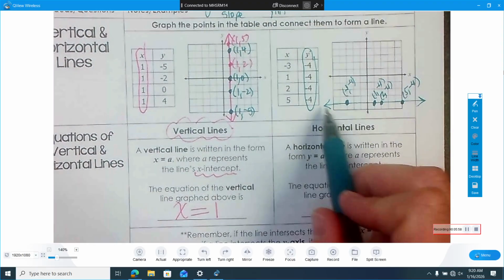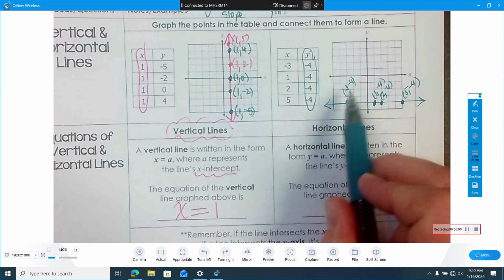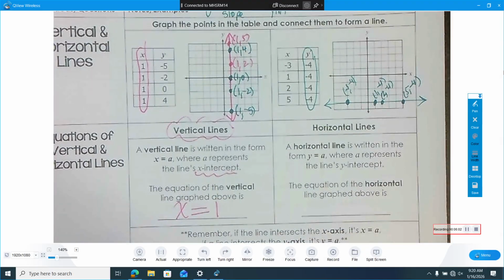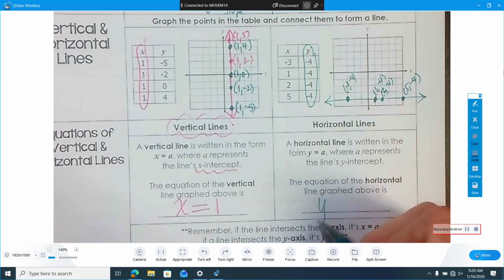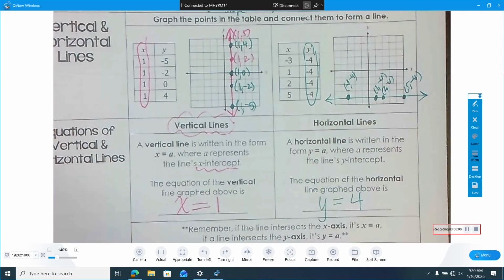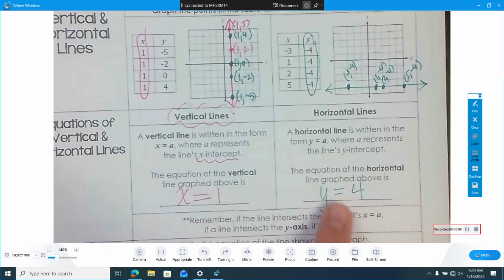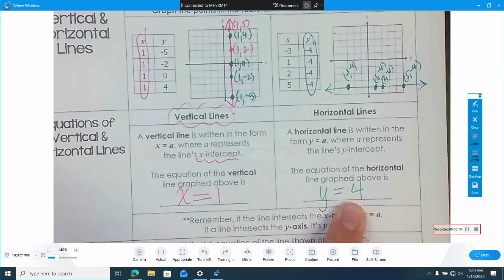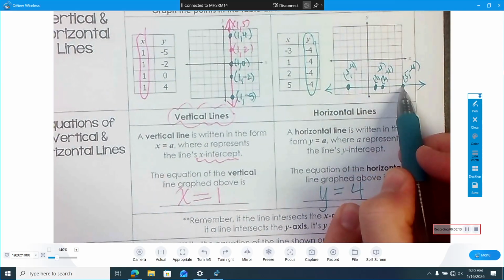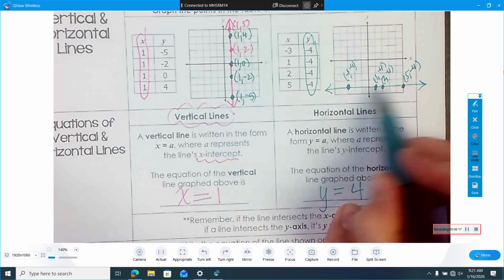And so for a horizontal line, whatever the y-coordinate has to be makes total sense for an equation. Every y-coordinate has to equal -4. Because there's not just 4 points on this line that have a y-coordinate of -4. How many points are on this horizontal line?